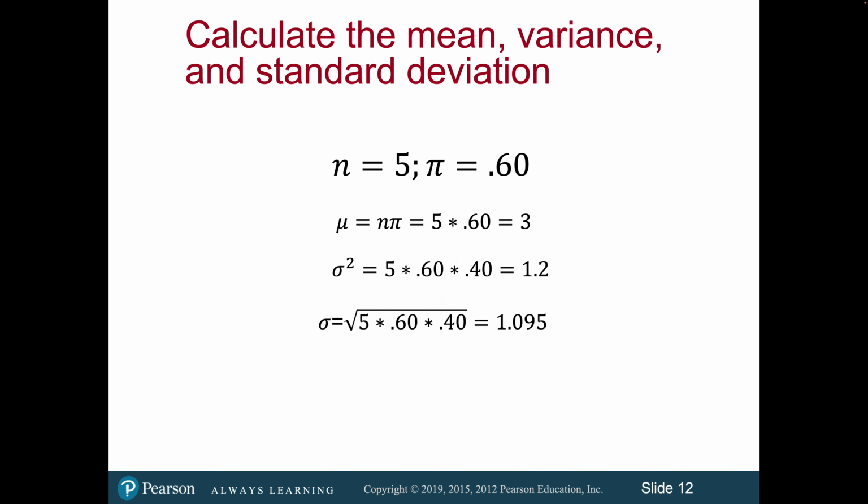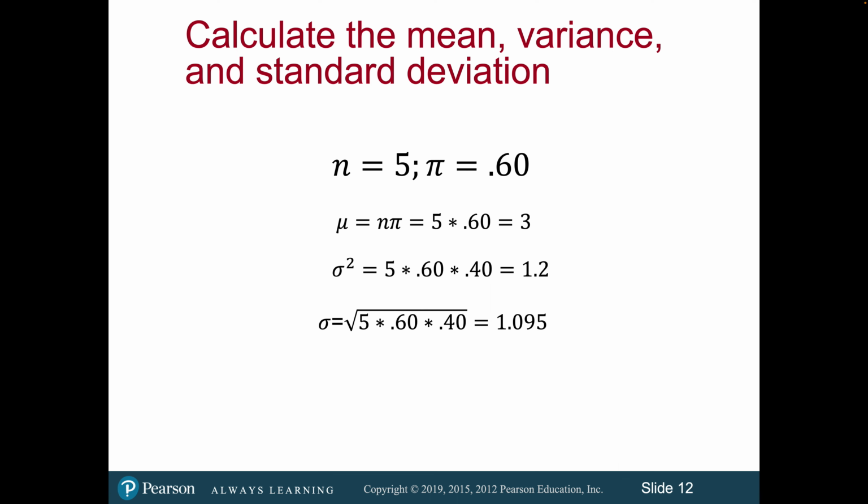So play along with me here. Grab your calculator. If n is equal to 5 and pi is equal to 0.6, then 5 times 0.6 is equal to 3. So the mean of the distribution would be 3. The variance would just be 5 times 0.6, then 1 minus 0.6, which is 0.4.